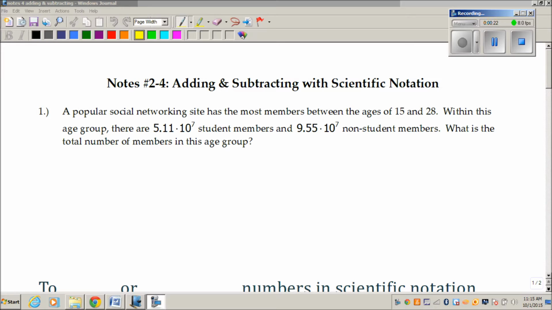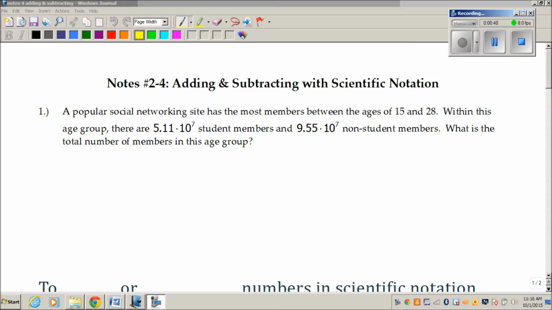So here's question number 1. A popular social networking site has the most members between the ages of 15 and 28. Within this age group, there are 5.11 times 10 to the 7th student members and 9.55 times 10 to the 7th non-student members. What is the total number of members in this age group?